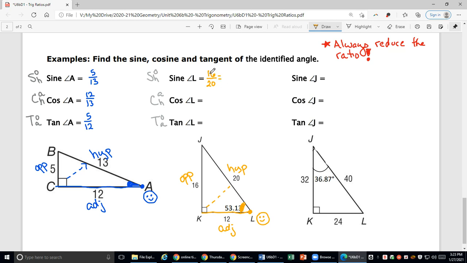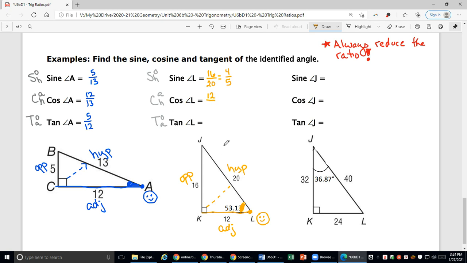So if I reduce both of these by 4, 4 goes into 16 4 times, and 4 goes into 20 5 times, and then 4/5 can't be reduced, so 4/5 is my answer on this problem. Make sure you reduce because you'll lose some credit if you give me an unreduced answer. Okay, cosine, adjacent over hypotenuse. The adjacent is 12.